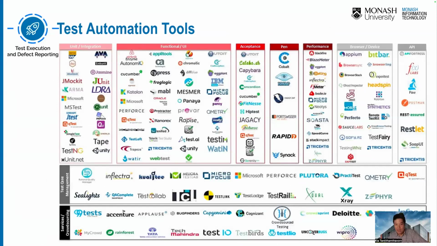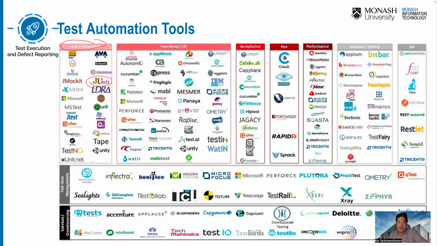This is how crazy real world test automation tools look. There are lots of tools for different levels. At the unit level, within this unit we will only focus on JUnit, the unit testing library for Java, and we will use PyUnit for Python.